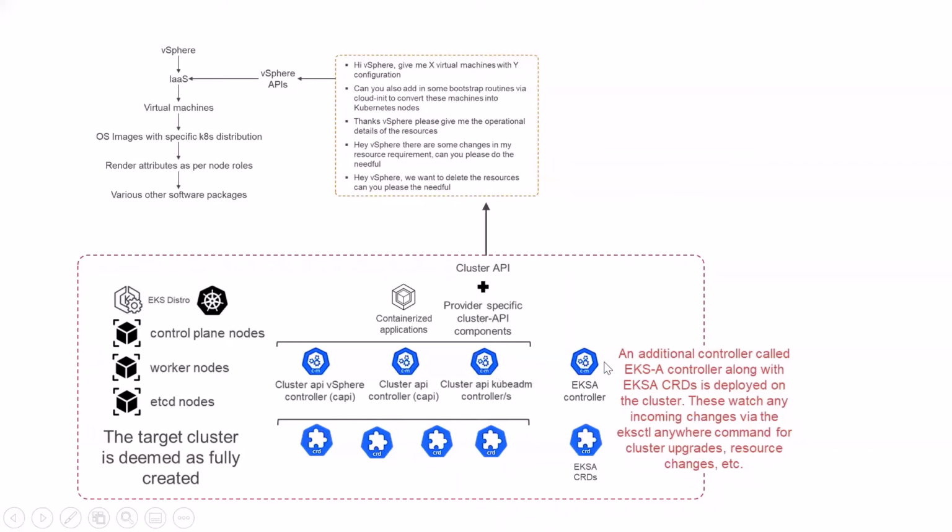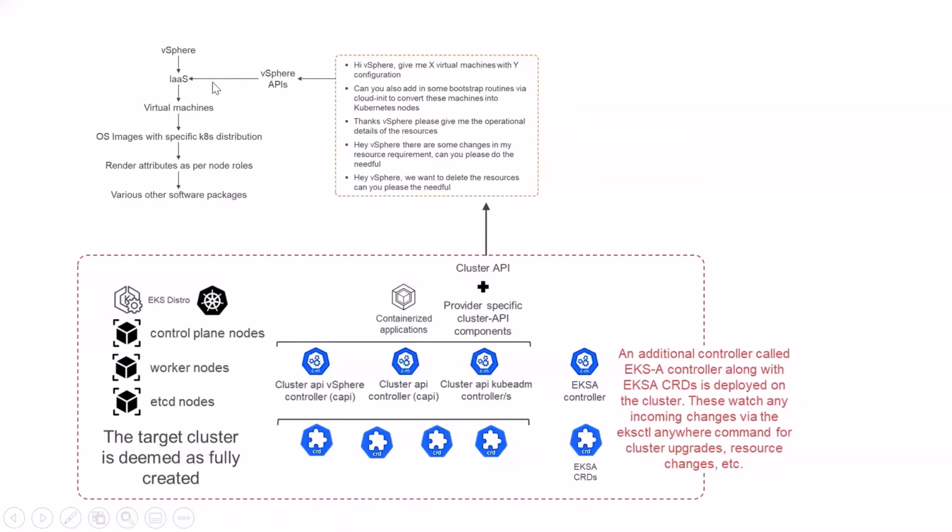Now, as I said, the EKSA controller listens for those changes, detects that there is a request to actually change something, and these CRDs undergo that change based on the new YAML provided. When these change, the controllers detect that there is a change, pick up those changes, translate them into provider-specific API calls, and then talk to vSphere again.